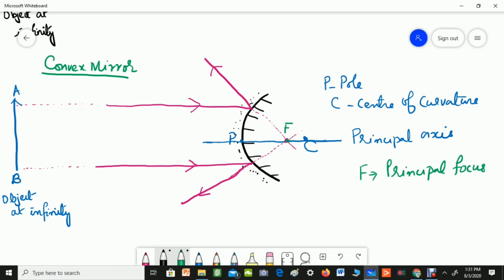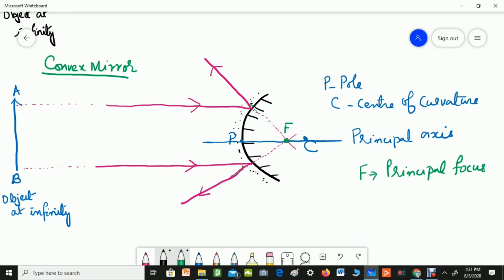Okay, and the light rays, after reflection, come back. You need to extrapolate, or extend, these lines to the back side of the mirror, and these reflected rays both meet at a point on the principal axis, and this point is called the principal focus of the convex mirror, and it is behind the mirror.